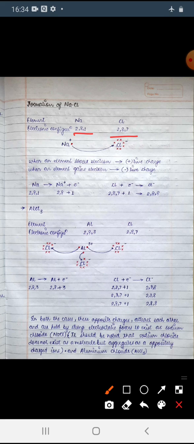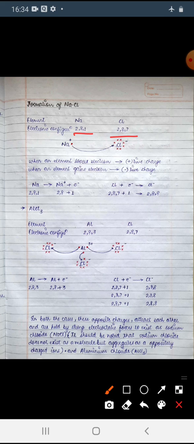just lose its one electron, and here chlorine has 7 electrons in the outermost shell, in the valence shell, and it requires only one electron to stabilize itself. So what will happen is, sodium will lose its one electron and chlorine will gain that one electron.